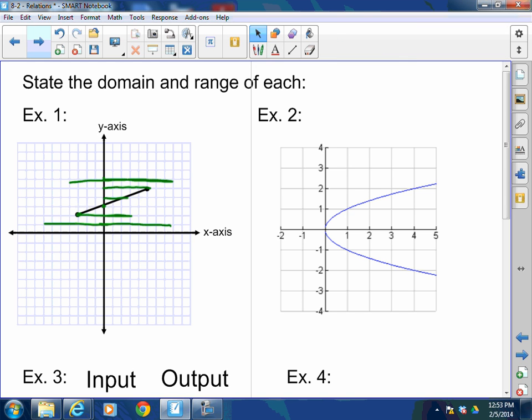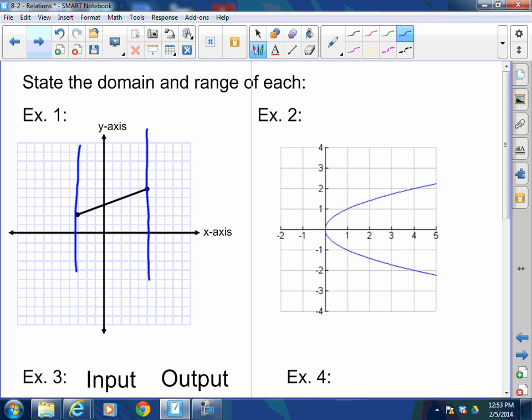Okay. So, when I'm looking at domain, I look from left to right, because domain is the values of x's. So from left to right, the only valid points are between here and here, would you not say that? So my x is greater than or equal to -3, but less than or equal to 5.